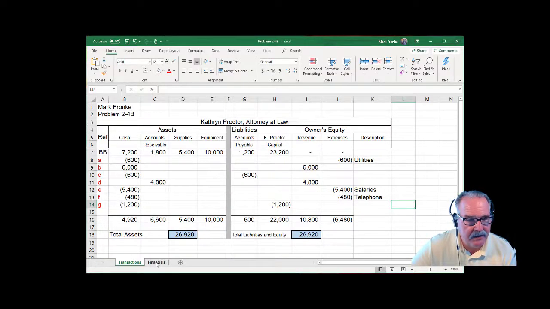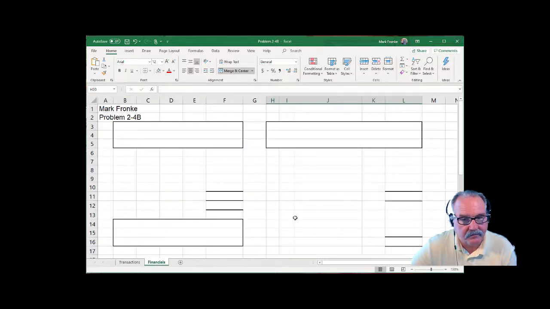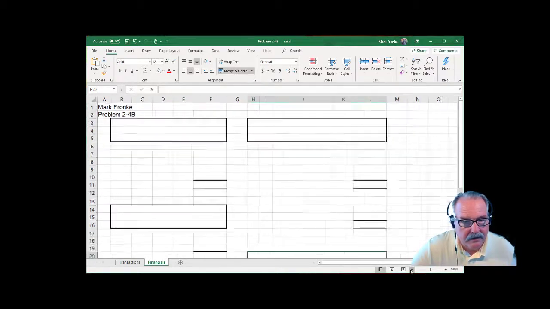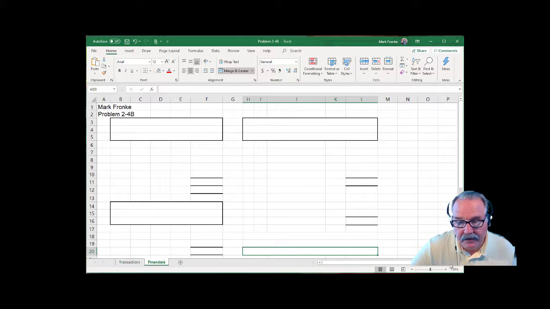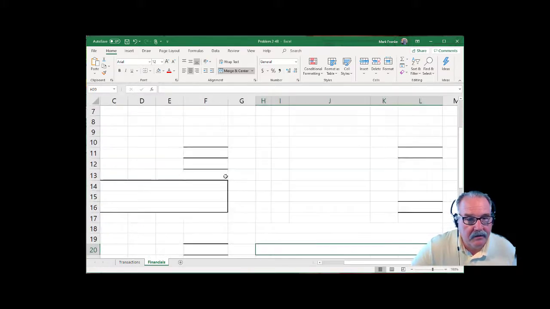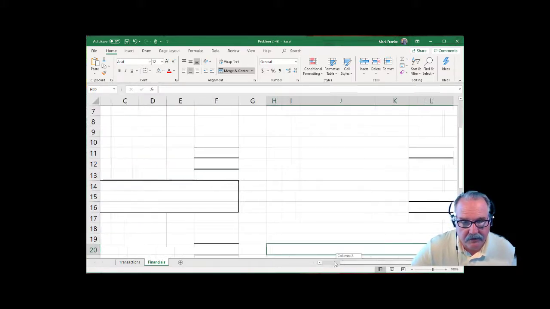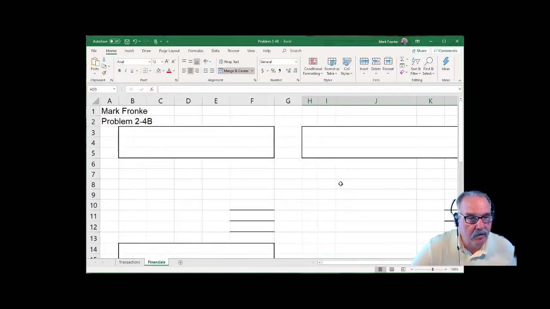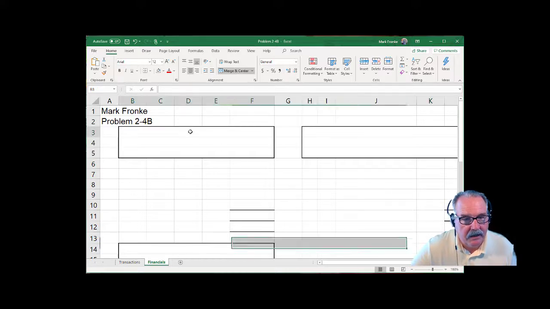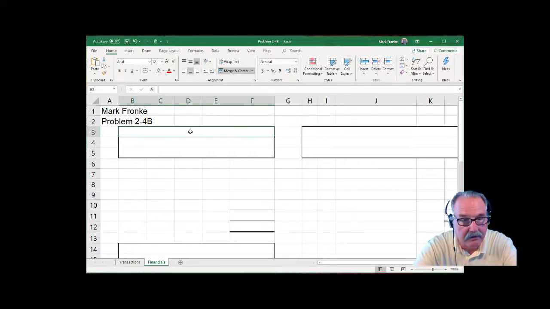Okay, so I've got a separate tab, and you can just do this on paper as we go along. I've just set up a format, but let's focus on the income statement first. As we always do, we want name and the problem number at the top of every page. And this is Catherine Proctor, attorney at law.